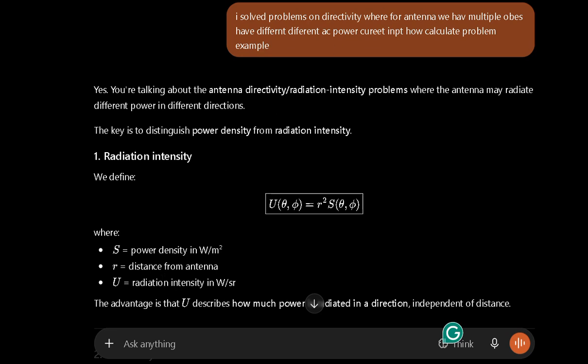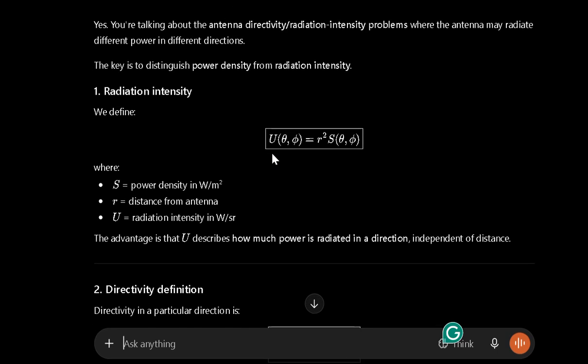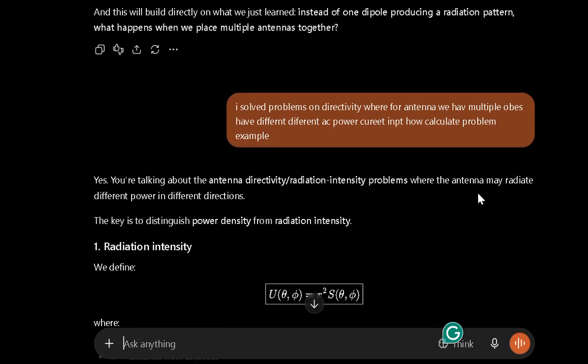I solved problems on directivity, where for antennas we have multiple lobes and different values.